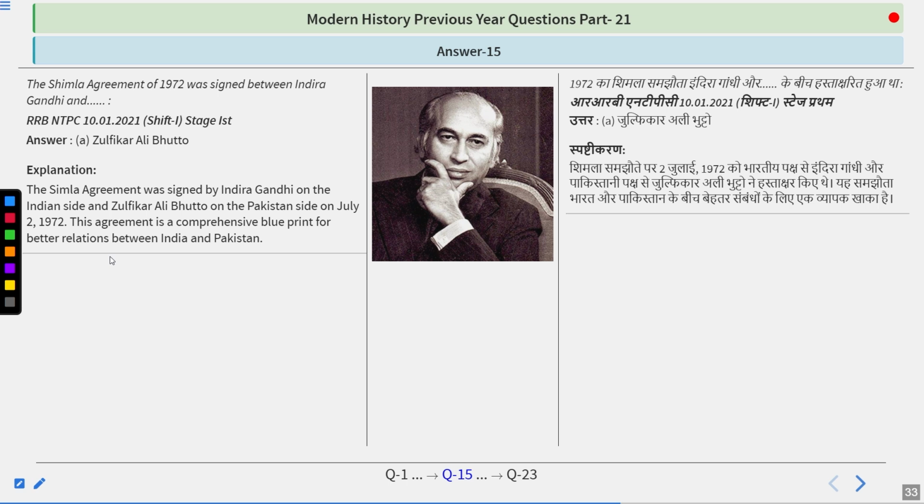And if we talk about Zulfikar Ali Bhutto, this treaty helped him gain the confidence of his people in Pakistan. This agreement was signed between Indira Gandhi, the Prime Minister of India at that time, and Zulfikar Ali Bhutto. So remember that.